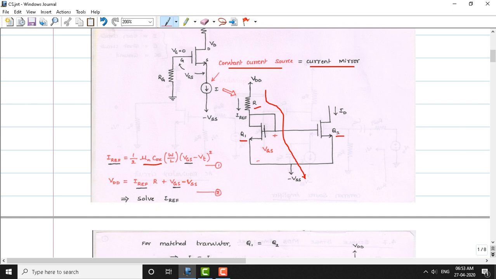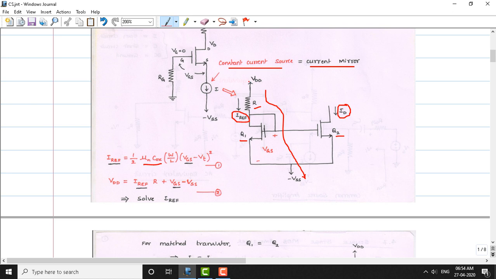Now, this current mirror circuit, as we have mentioned already, contains two transistors. If we make certain assumptions, which we will discuss, the drain current ID flowing in the Q2 transistor will be the mirror of this reference current. Such circuits are called current mirror circuits.